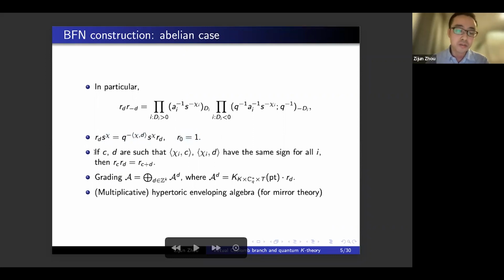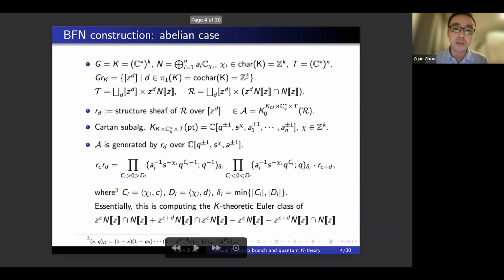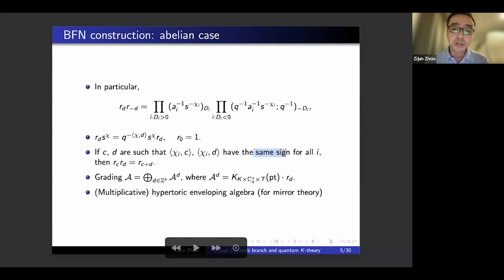And a crucial property satisfied by these generators: for two co-characters C and D, if their pairings with all the characters from the representation have the same sign, then R sub C times R sub D is equal to R sub C plus D. And in particular, they are commutative.